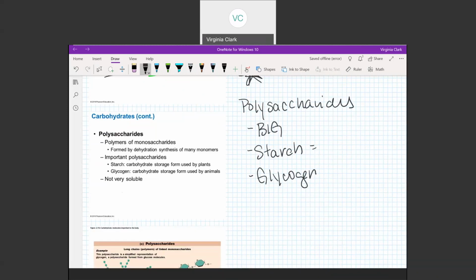Starch is actually going to be this carbohydrate storage that you're using and you eat, but it's specifically going to be plant-based. So starch is a plant-based polymer or polysaccharide, whereas glycogen is going to be the animal-based storage of polysaccharides. These are very big. They're not very soluble in water, but they are very delicious to eat.